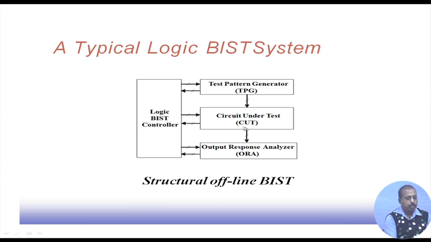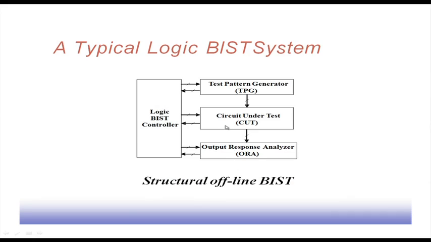They are applied to the circuit under test, and this response analyzer will try to compact all those responses into some sort of a signature, and then finally it compares the signature with the golden signature. If the circuit is fault free, there is a certain response to the test patterns generated by the generator, and in the presence of some fault, there is a different response. These two are compared. If it is faulty, it will find that the signature is going to be different.